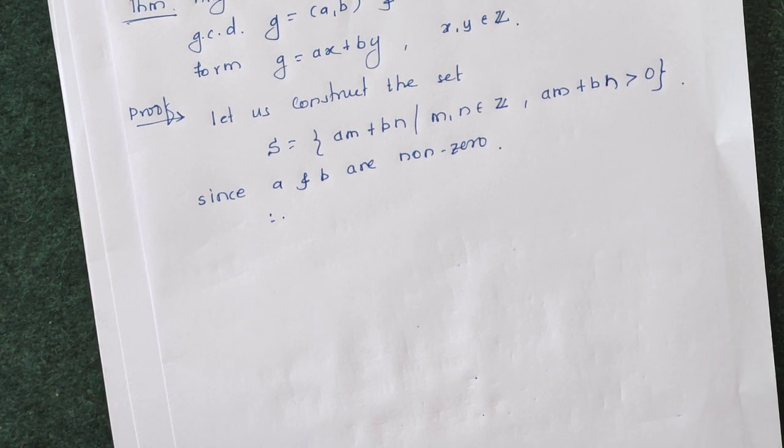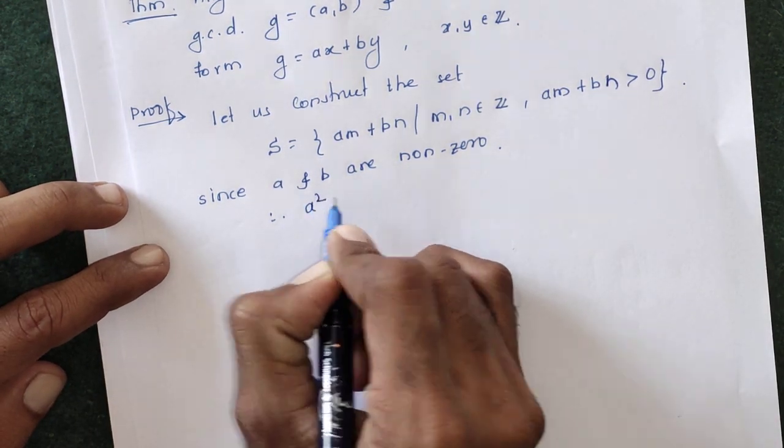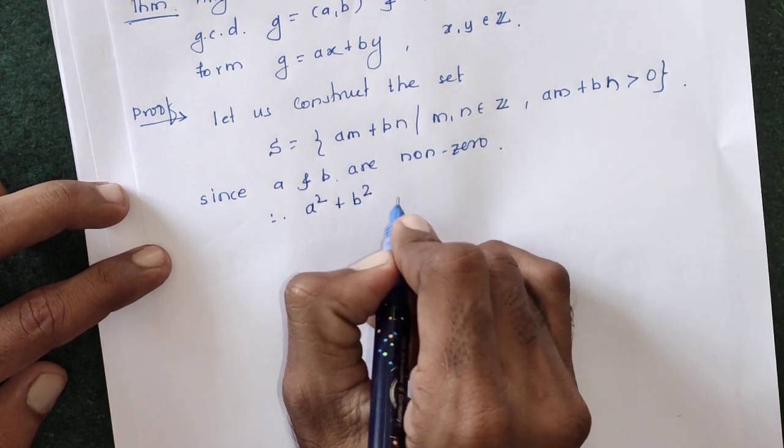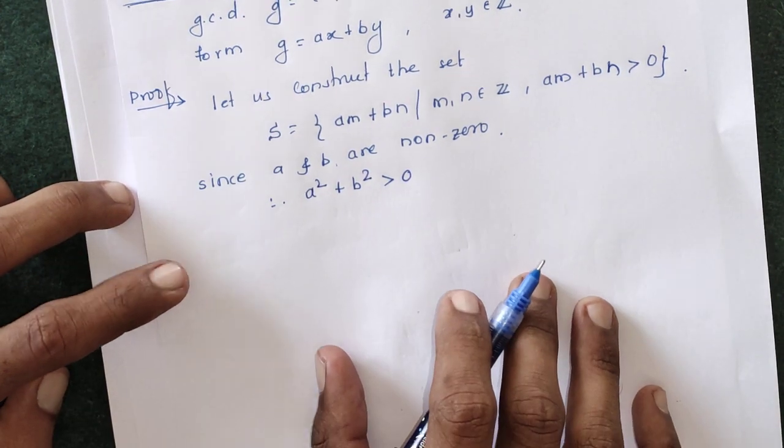We know that the square of any number, negative or positive, is always positive. That is, for minus a, minus a squared is a positive number. Therefore a squared is positive, plus b squared is again positive, so a squared plus b squared is greater than 0. Addition of two positive integers is again a positive integer.